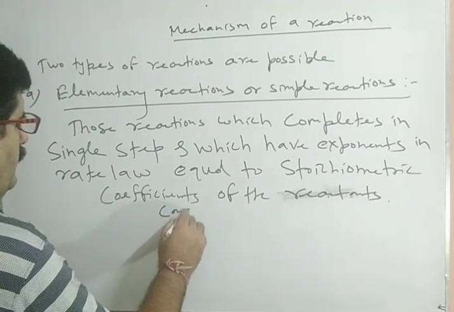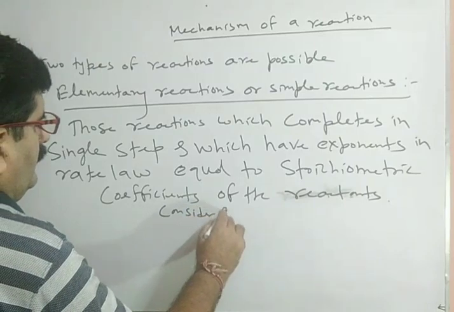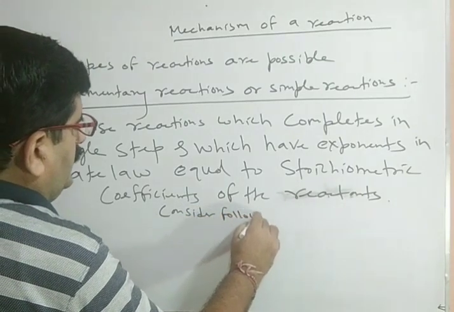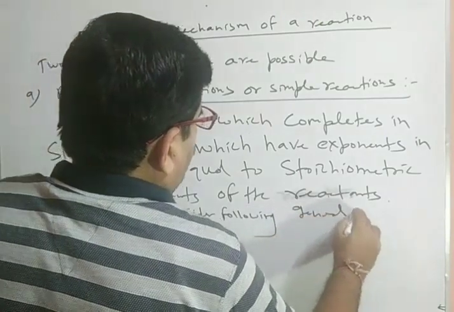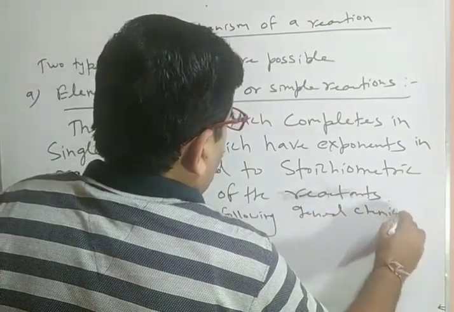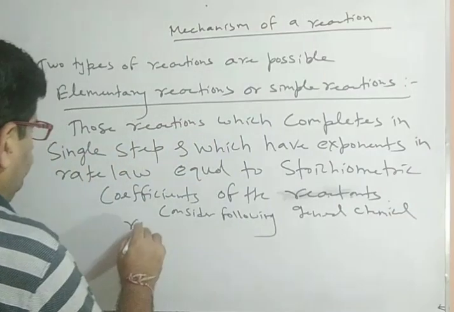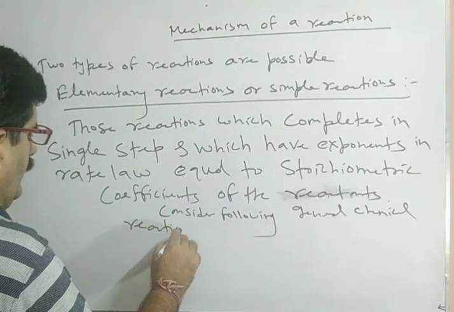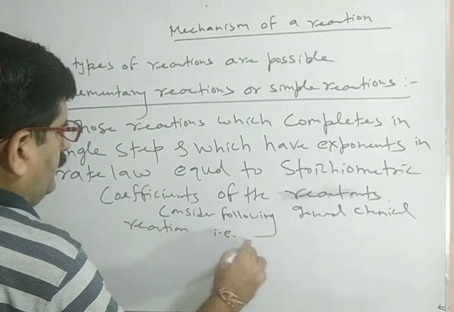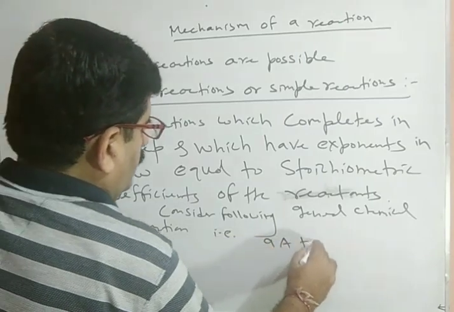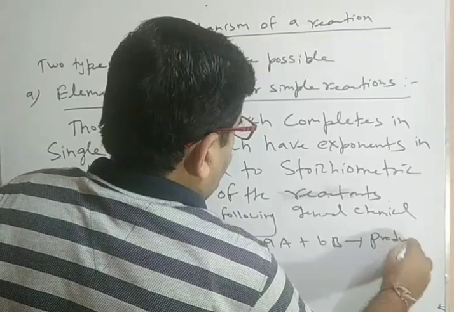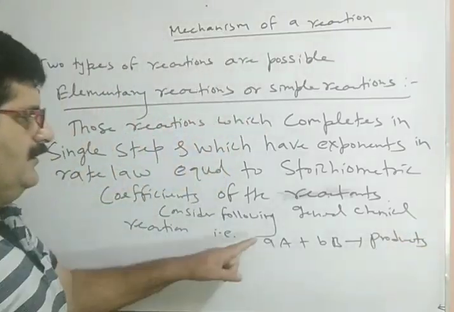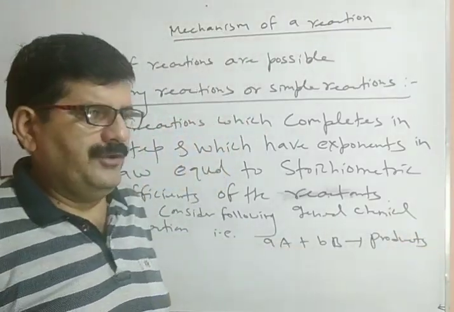Consider the following general chemical reaction. Here a small a and a small b are called what?